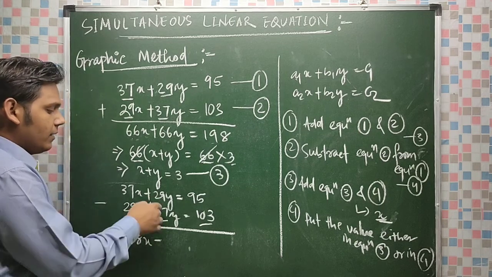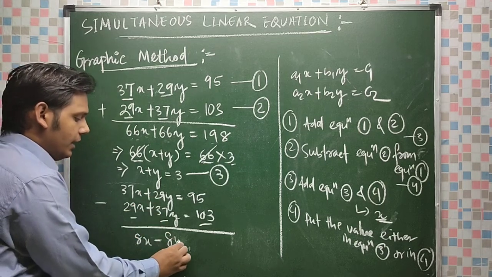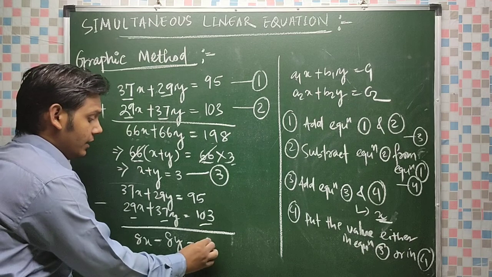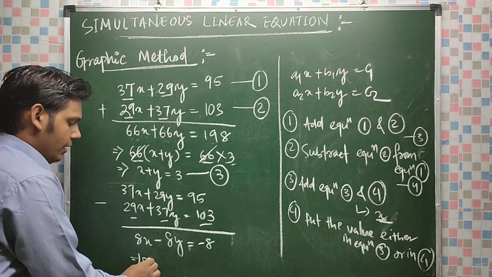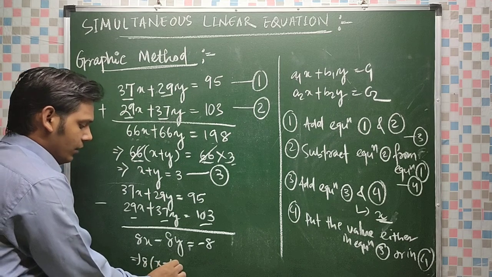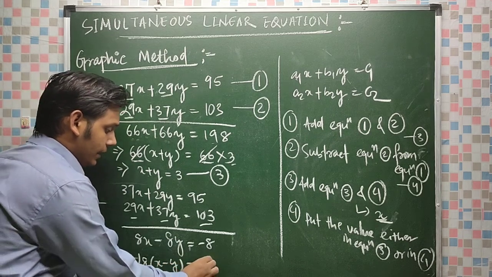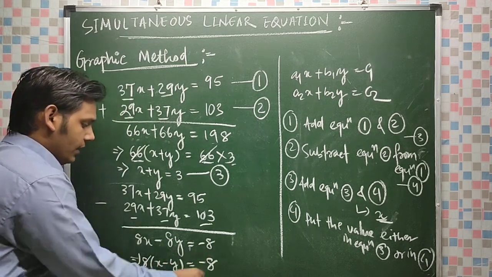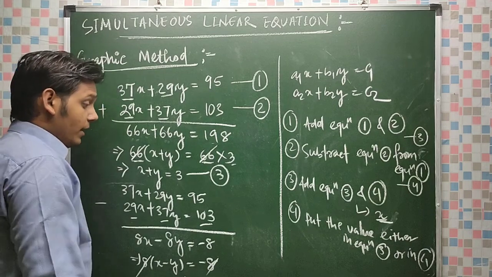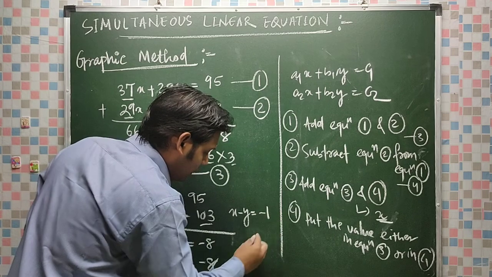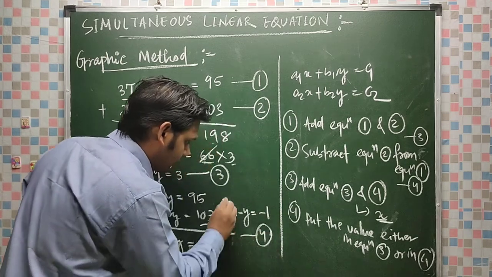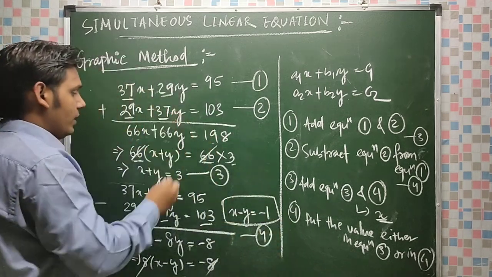So 29 minus 37 is how much? Minus 8, minus 8y, and here it is minus 8. So 8 I can take out. x minus y is equal to minus 1, after cancelling. This is the fourth equation: x minus y is equal to minus 1.